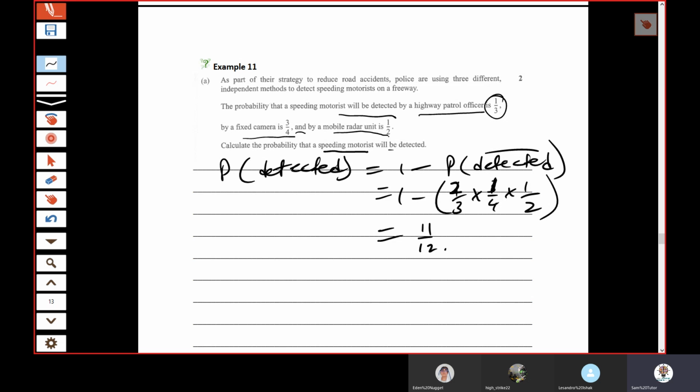I don't even know what part of probability this is, but it looks like when these are larger than 1, you're doing the complementary event case. So probability of detected is equal to 1 minus the probability of it not detected. 2/3, a quarter, a half, 1 minus that, 11 out of 12.